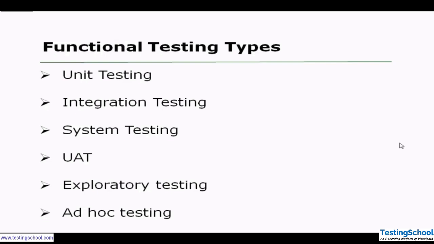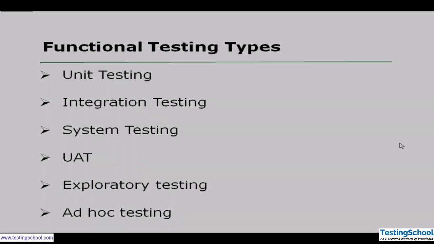So these are the functional testing types that are available, and we generally do this kind of testing without awareness of what kind of testing we are doing. So in this session we have seen which types of testing we do as a functional part.